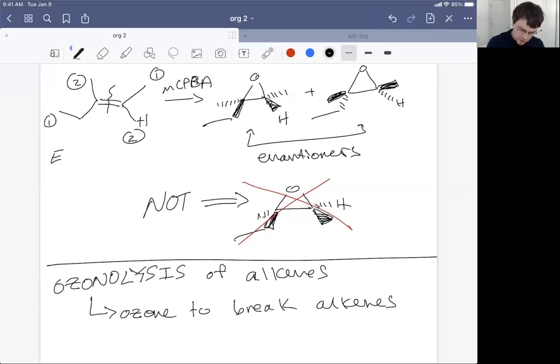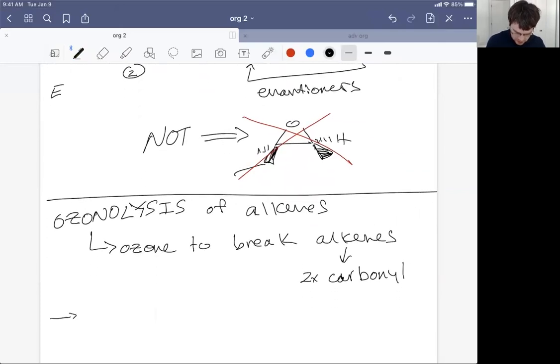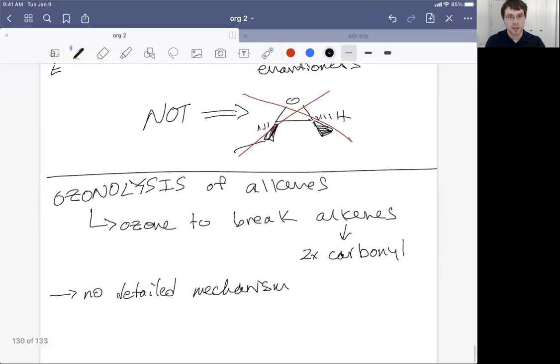And what we're going to do is convert the alkenes to 2 times a carbonyl. Gosh, this is such a cool transformation because it uses a readily available gas and does a dramatic transformation. Okay, so no detailed mechanism is required for this. Instead, what I want you to do is be able to solve the puzzle, predict the products.